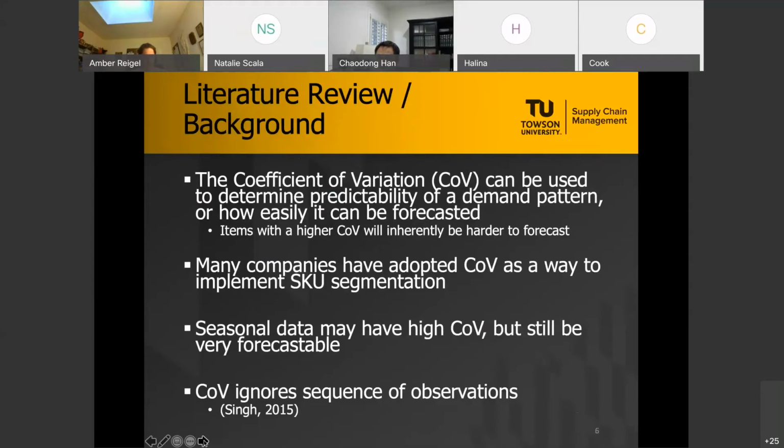Obviously, we know we're going to sell more lawnmowers in the springtime, and it's a little bit easier to predict than the COV would lead on. And then just another note that's important to call out is that the COV ignores the sequence of observations. So it doesn't know if I ordered 500 last month and then 1,000, or 1,000 and then 500. It's just measuring the overall volatility of that demand.